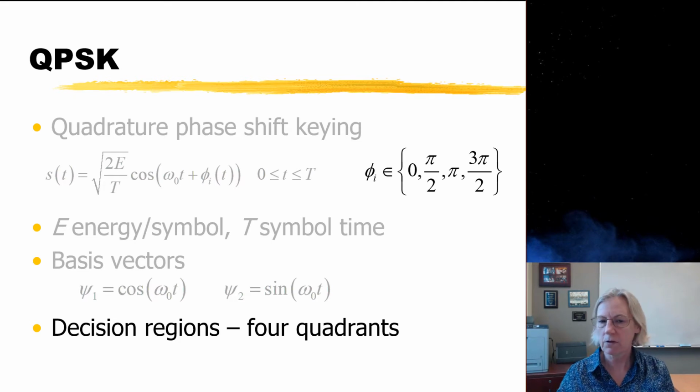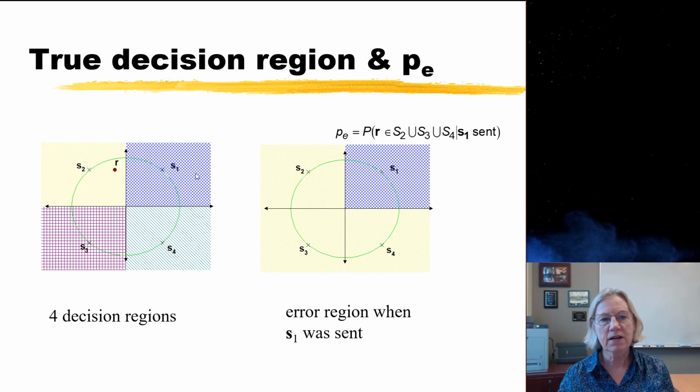So if we look here, here are my 4 points in QPSK space, S1, S2, S3, S4. They're located at 45 degrees. And essentially, there are 4 different decision regions. If I fall in quadrant 1, in blue here, I'm going to choose symbol 1. If I fall in quadrant 4 down here, I'm going to choose symbol 4.